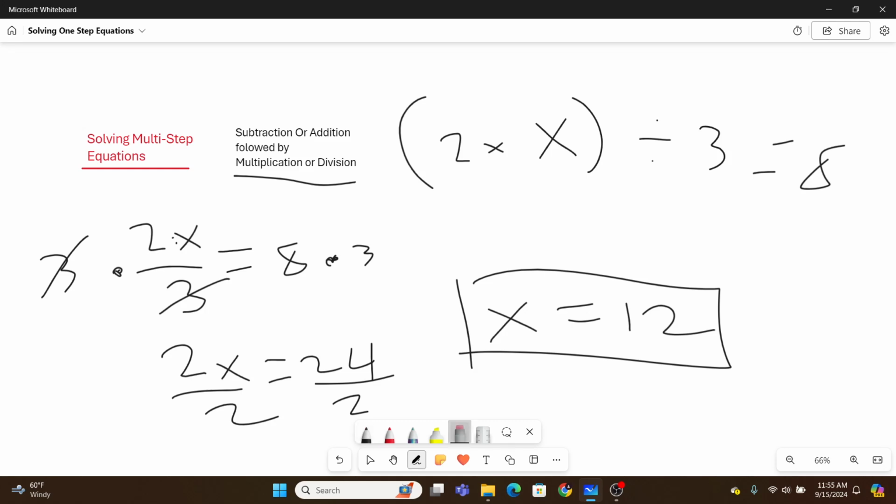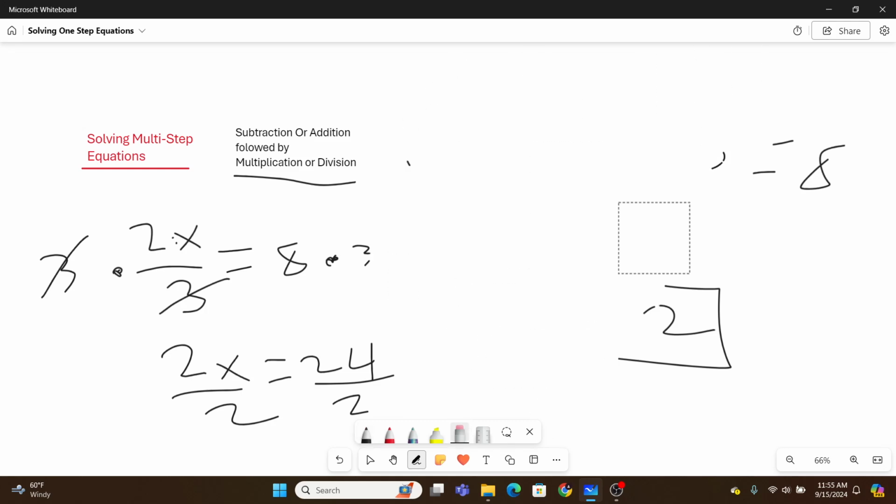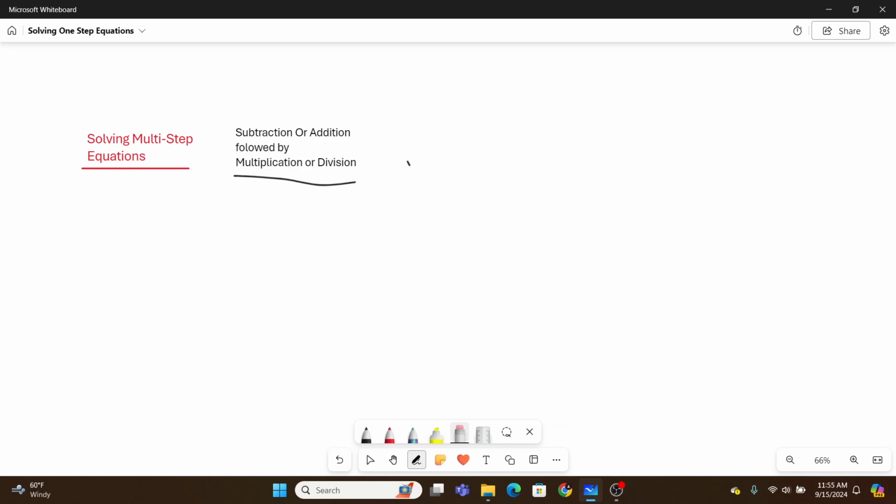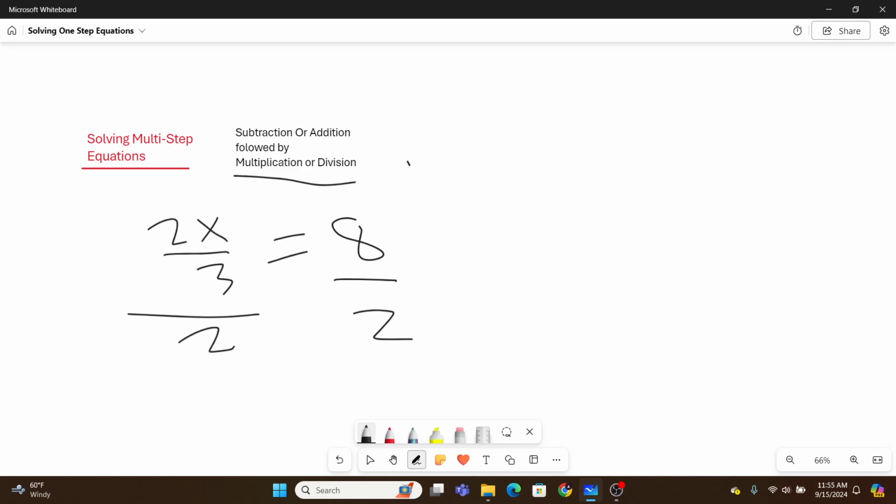That is your answer. Now the other way that you can do this is you can also start with the multiplication because you can do multiplication or division. So 2x divided by 3 is equal to 8. So you have the multiplication here and you divide by 2 on both sides.